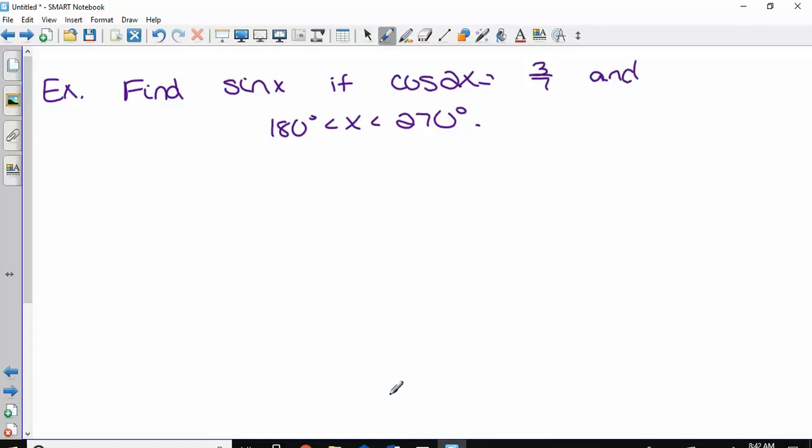So again, there's different options for how to do this. What would you suggest?